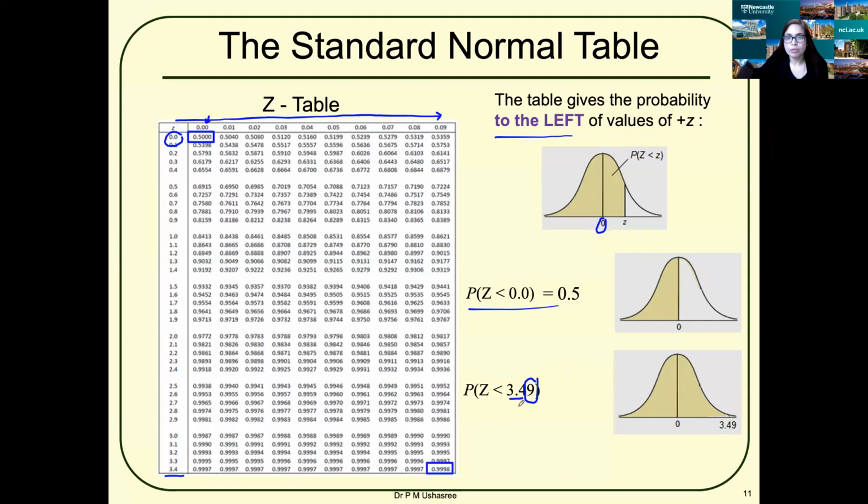So 3.4 plus 0.09 will give you the percentage probability below Z of 3.49, which is nothing but 99.98%.